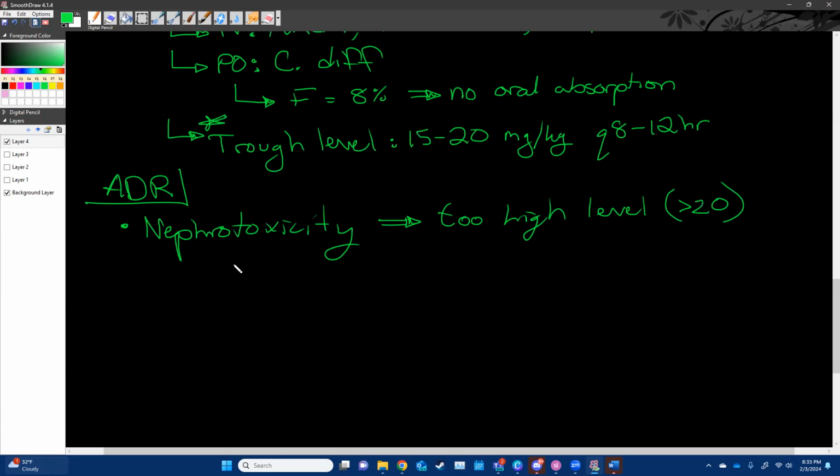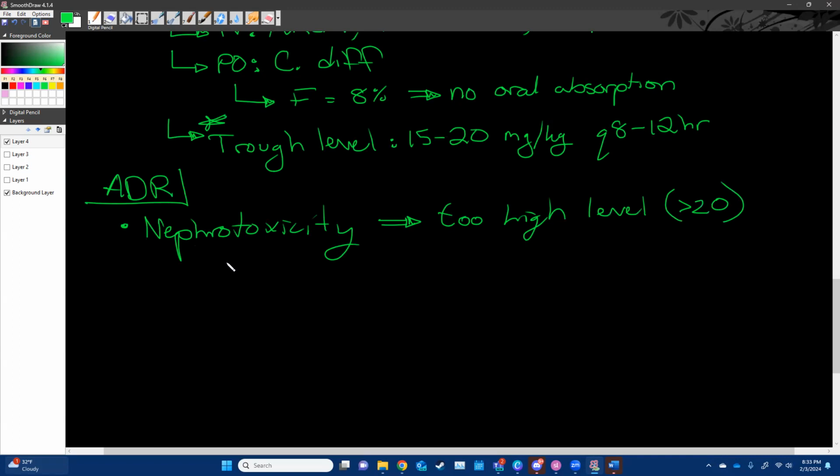What is the solution if you have nephrotoxicity with vancomycin? What are we going to do? Lower the dose, right? So if we are giving them a certain dose of vancomycin, the next time they're due for a dose, we decrease it.